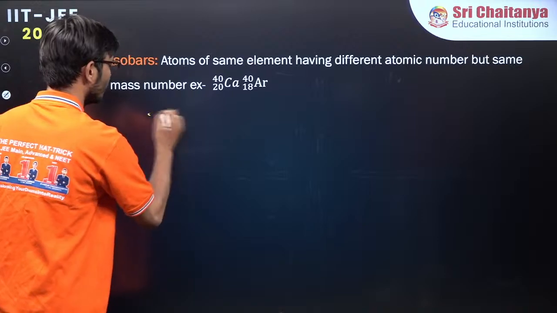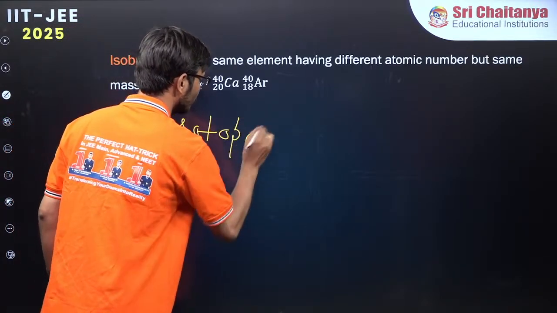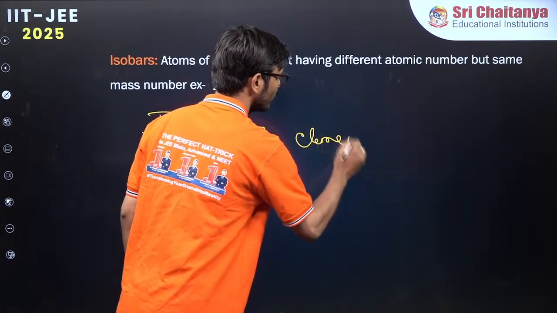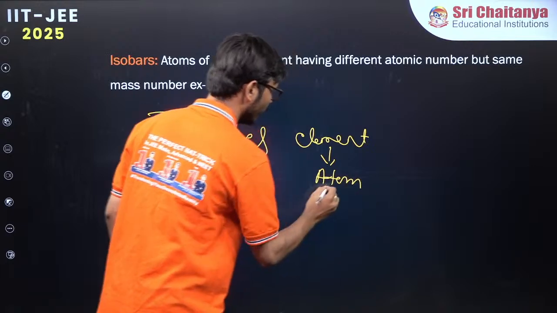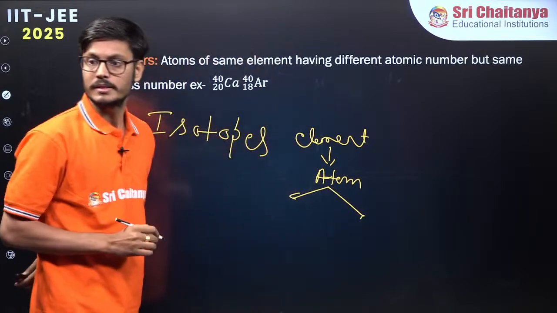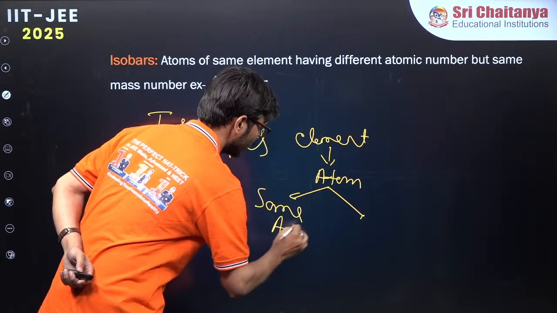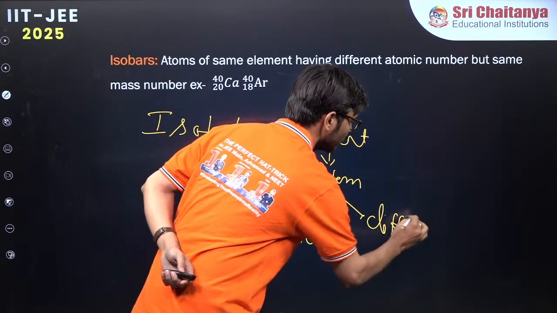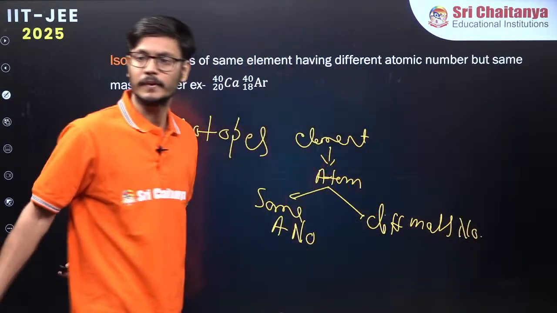So in isotopes, the definition was that atoms of the same element having the same atomic number, we saw in the last class, same atomic number but different mass number. I hope all of you remember that.